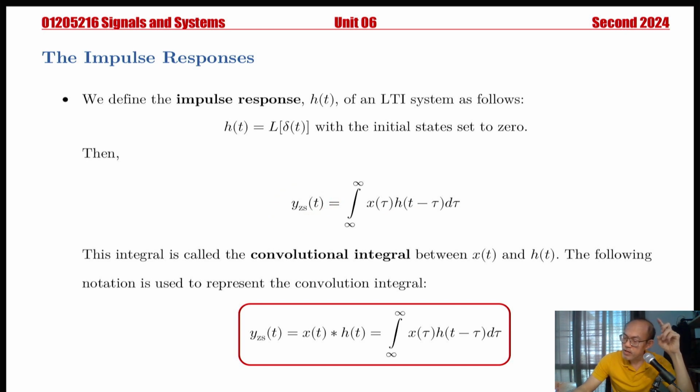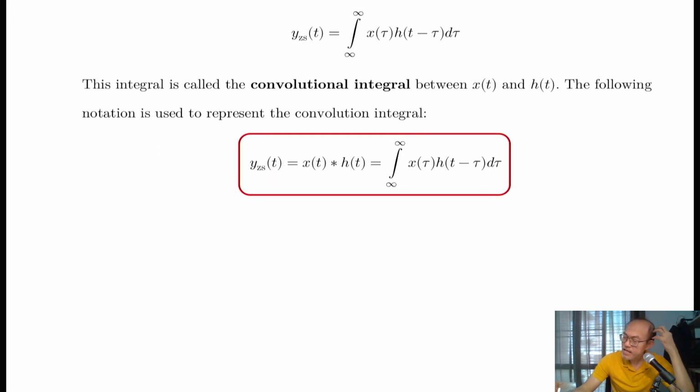Now you may wonder, how do I perform this integral? I'll show you how to perform this integral in a moment. Now again, as I said earlier, this integral is quite complex to write down, so there's a shorthand notation. There are two functions, x and h. x comes first and h comes second.